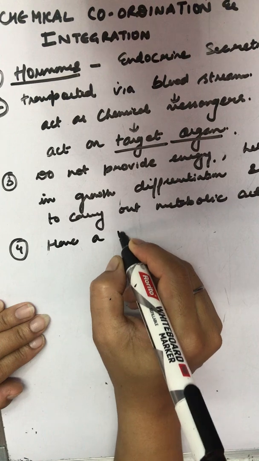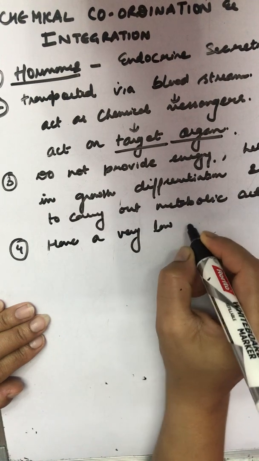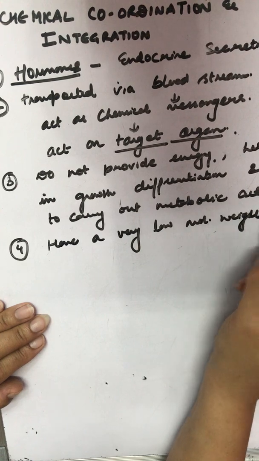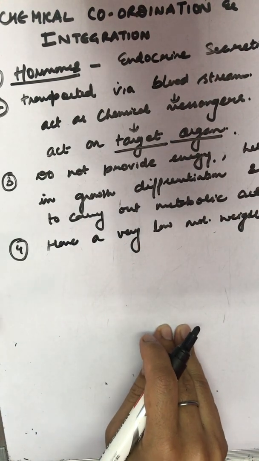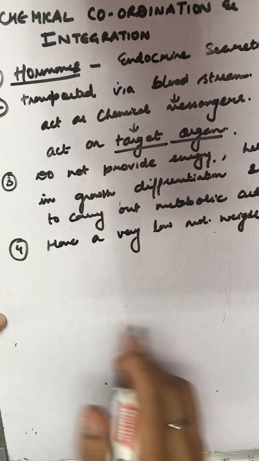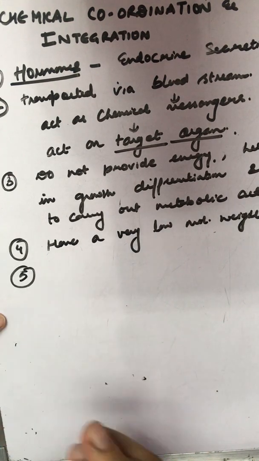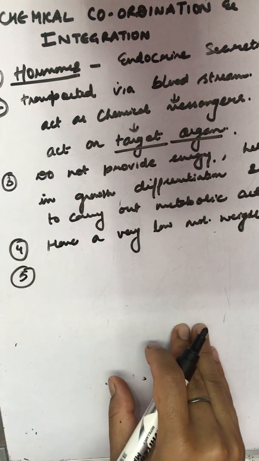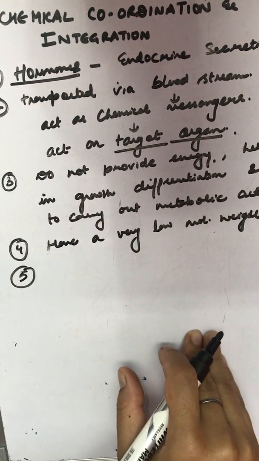Hormones have a very low molecular weight. Now, they belong to different types of chemical structures. They are not of one fixed type, that they are only amino acid derivatives or only steroidal in function.